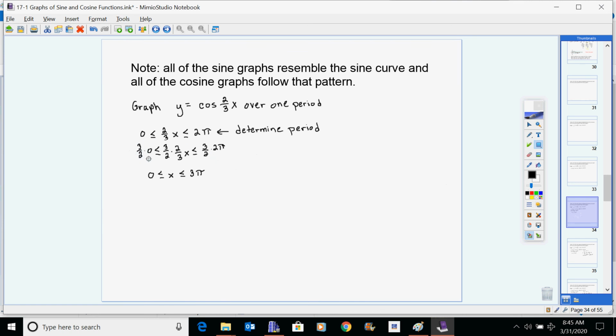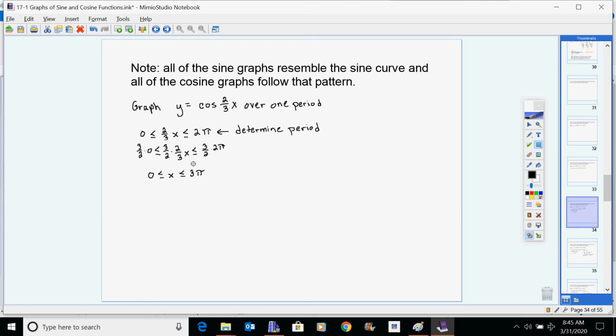So 3 pi over 2 times 0 is 0. 3 halves times 2/3 gives you 1. And 3 over 2 times 2 gives you 3 pi, because they cancel out.